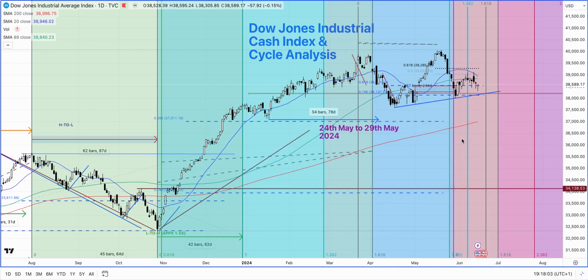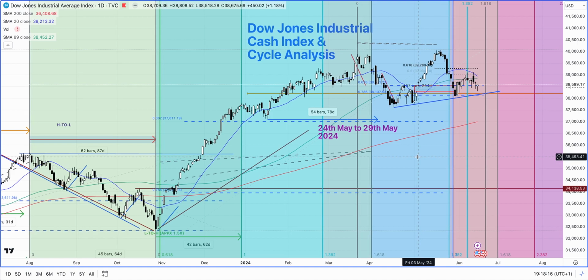Okay, so what we are looking at now is the daily chart for the Dow Jones Industrial Average. This is the timing model that we have been using, and it has been pretty spot on for a number of dates. It has called, for example, the high which came in around the 1st of April, and there were minor dates before that as well, and then this really important one, this range between the 24th of May and 29th of May.